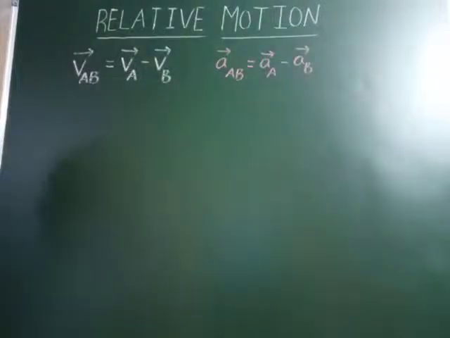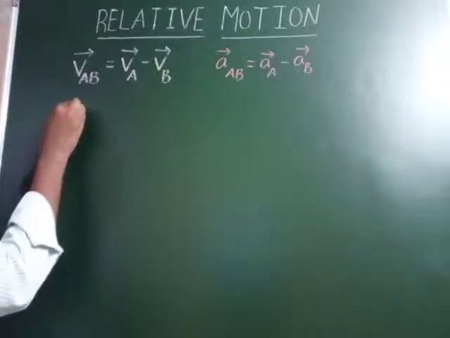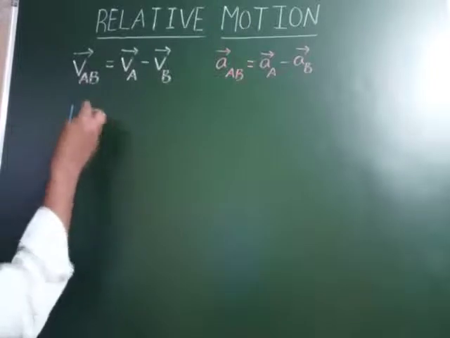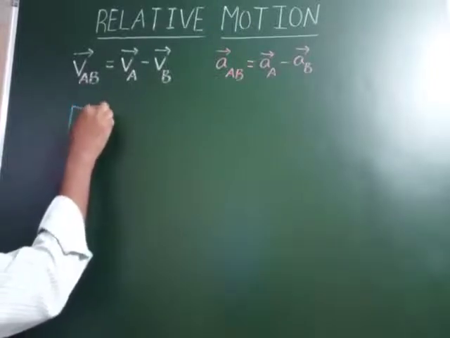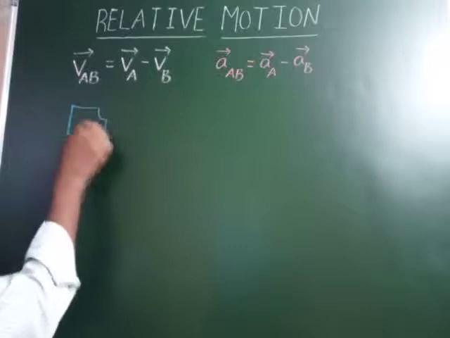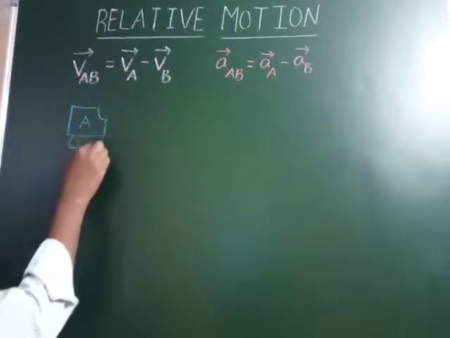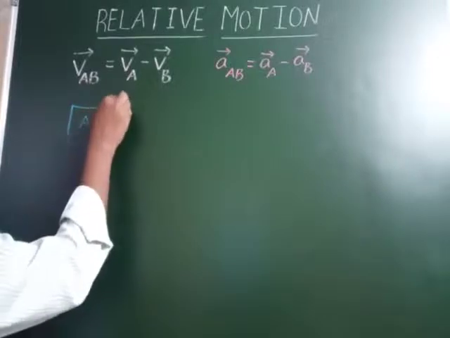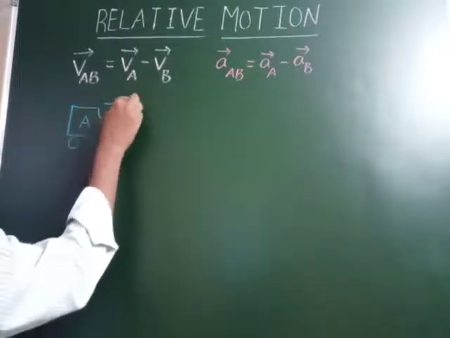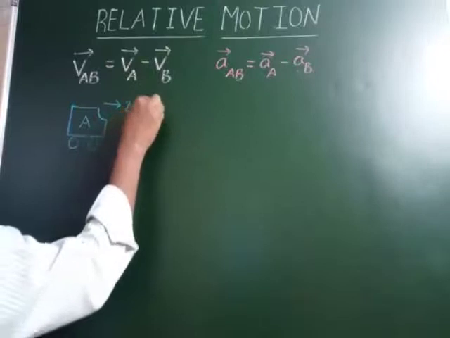Now suppose, coming to this point, velocity. You take two cars, car A and car B. Both cars are traveling towards east with velocities, one is 20 meter per second and another one is 30 meter per second. Suppose car A is moving with a speed of 20 meter per second.